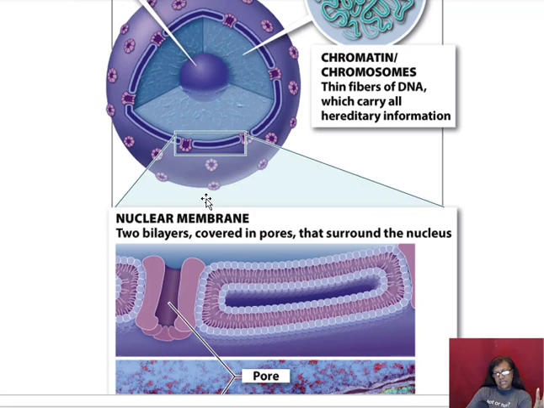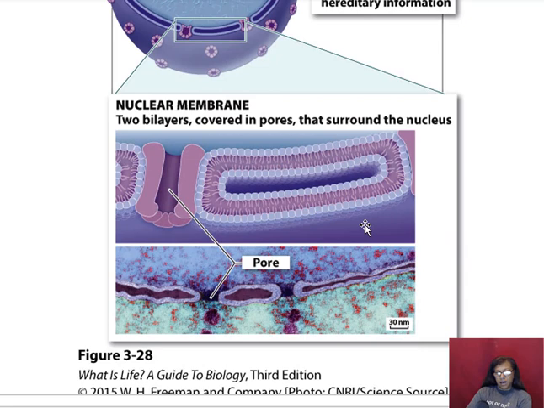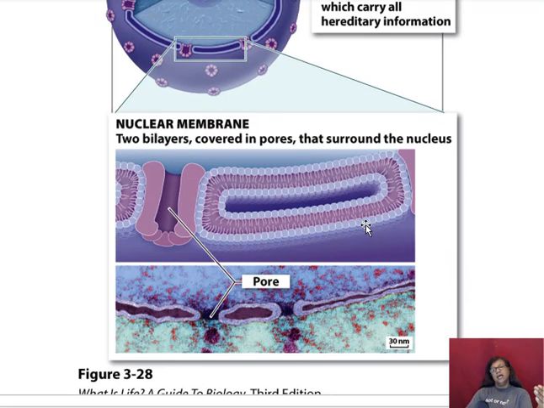The nucleus has a nuclear membrane, of course, which is a bilayer, but it has these nuclear pores. And this is how RNA can come into and go out of the nucleus. And we'll see why that's important. So the nucleus has a nuclear membrane.